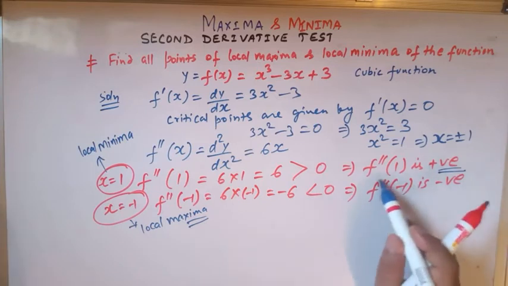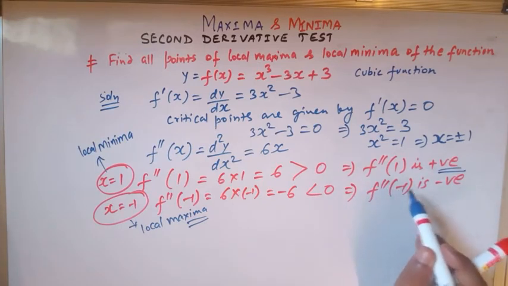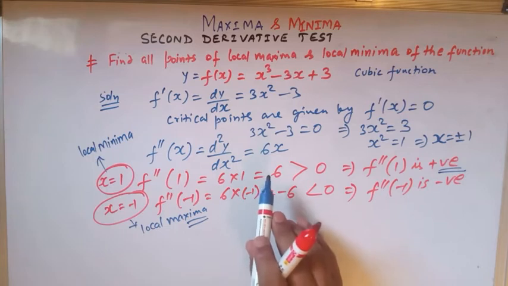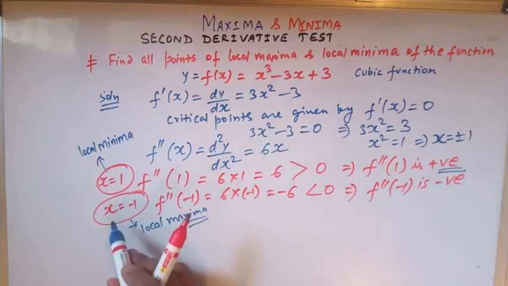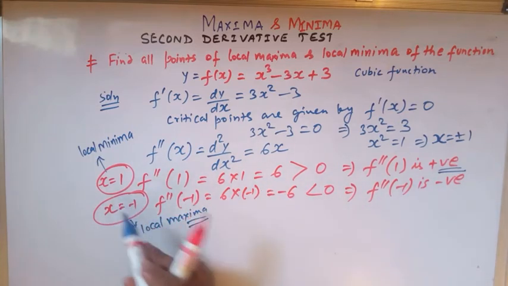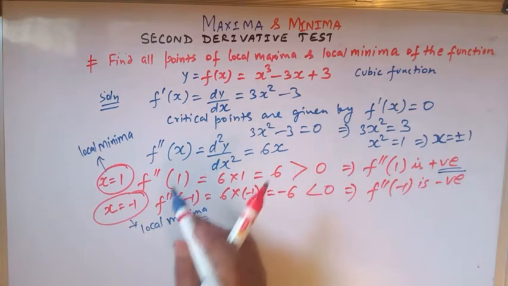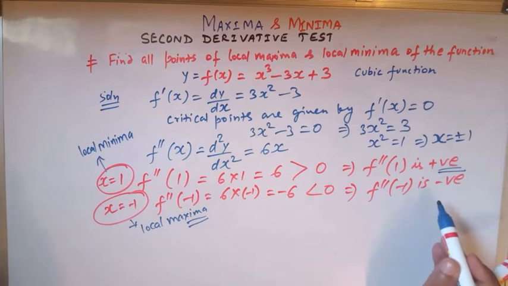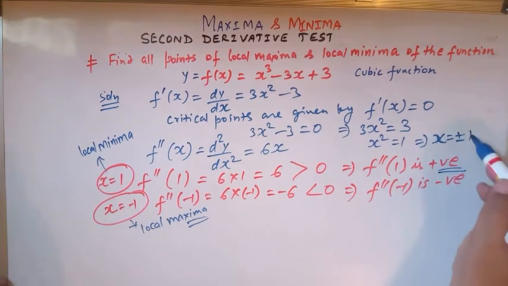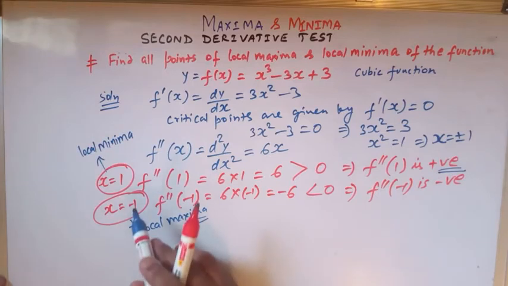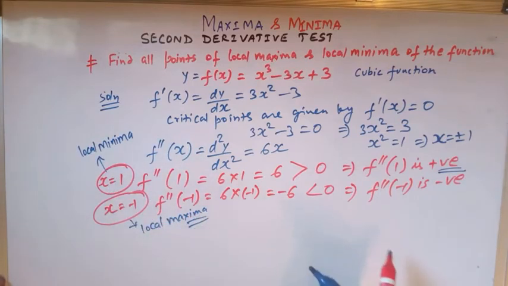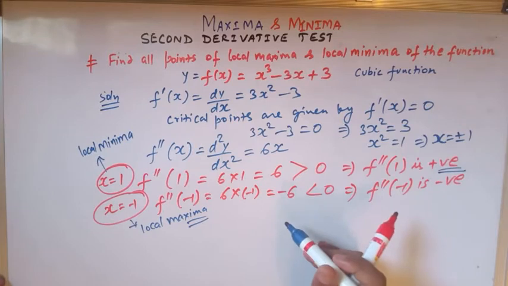And if the value of the second derivative at the critical point is negative, then the given point is a point of local maxima. Okay? So this is how we establish that x equal to plus 1 and x equal to minus 1 are the points of local minima and local maxima respectively.